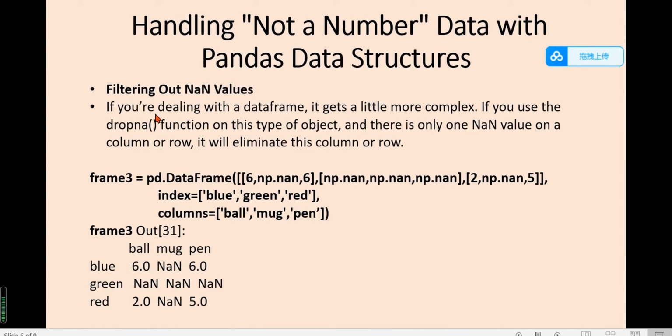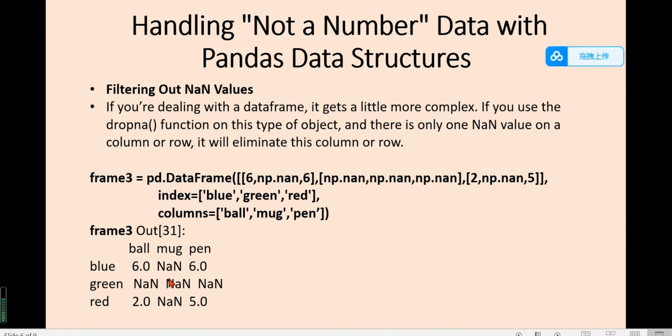If you're working with a data frame, it's a little more complex. If you use the dropna function on this type of object and there's only one NaN value in a column or row, it will eliminate this column or row. So let us see this data frame with many NaN values.